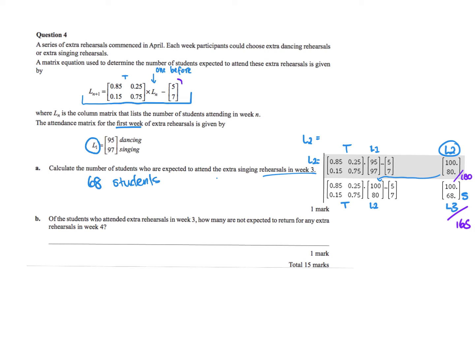That makes sense because up here we're minusing 5 and 7 every time, and 5 and 7 make 12. So if it asks how many of the ones in week 3 return in week 4, it's just going to be one of those. So we're going to see how many are not expected, and it'll be 12 students. You could have found L4 if you wanted to, but it will be 12 students.